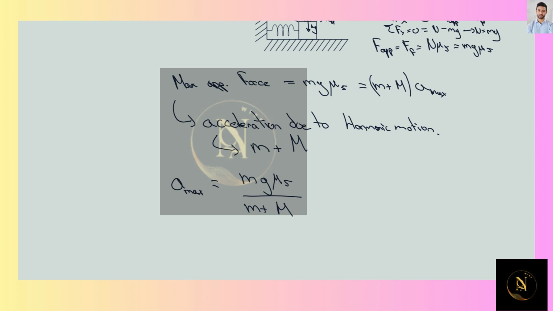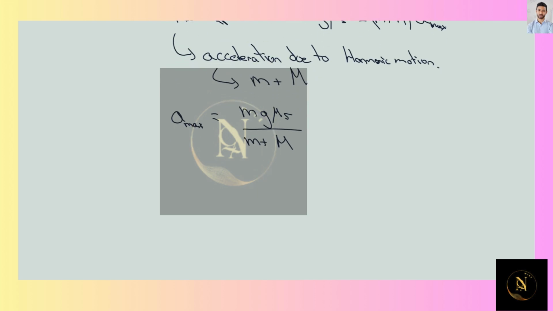Now, according to the equations of motion for simple harmonic motion, the position as a function of time is A times cosine of omega t. The velocity as a function of time is minus omega A times sine of omega t.